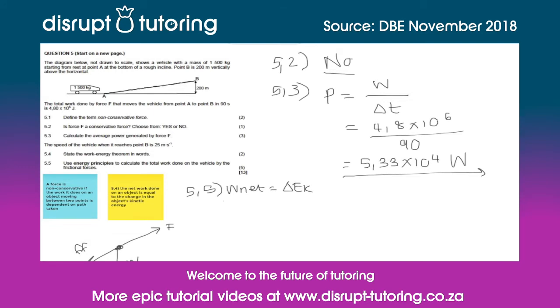That's the work of weight plus the work of friction plus the work of force F, and that's equal to the change in kinetic energy, which is a half m times the square of the final velocity minus the square of the initial velocity.